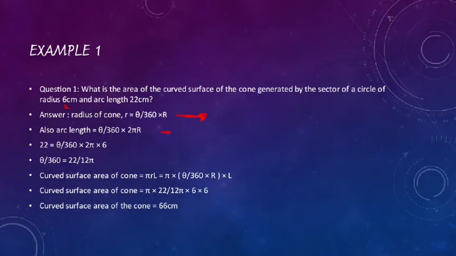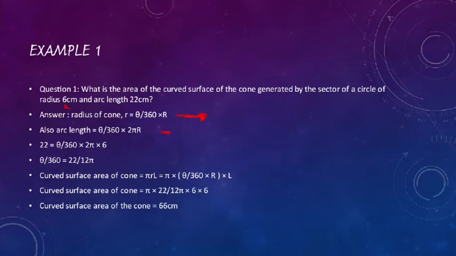Then making theta over 360 the subject, because that's the only thing that is not in the formula for the curved surface of a cone, you have it to be 22 divided by 2 pi times 6, which gives 22 divided by 12 pi.